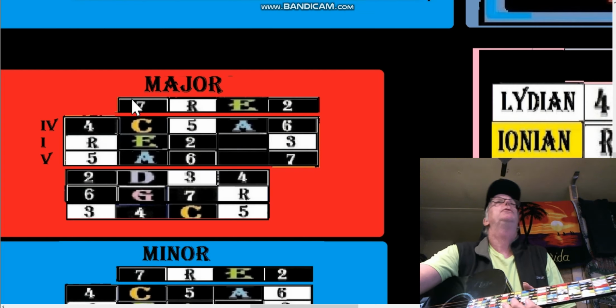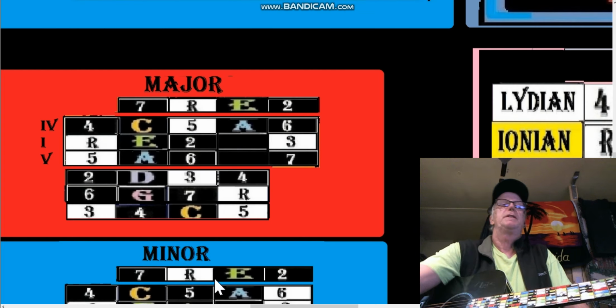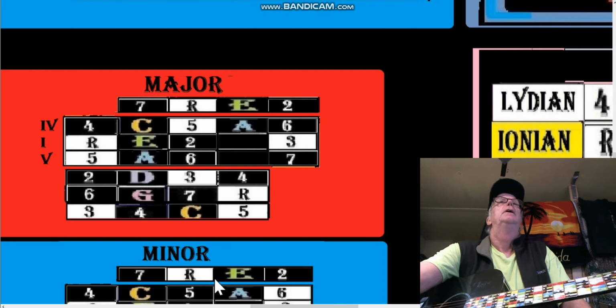In this lesson, we're looking at the major triad. Okay, so the reason why I'm showing 7 here, actually it's 7 to show all the modes, but really we want all 5 string shapes.